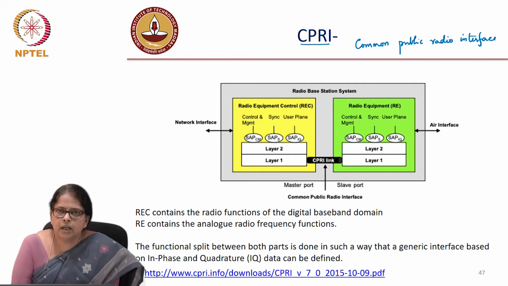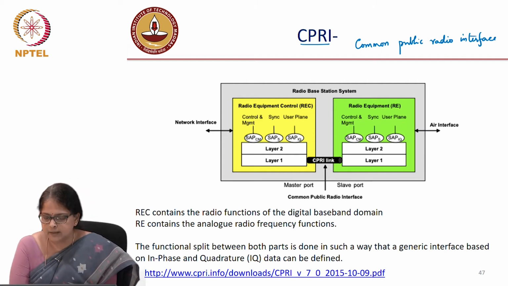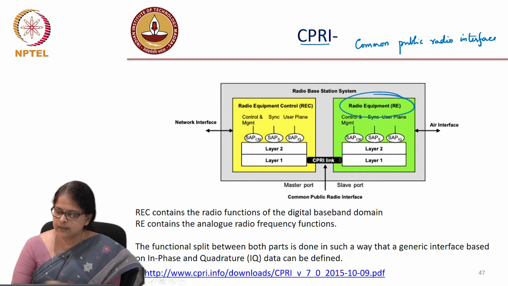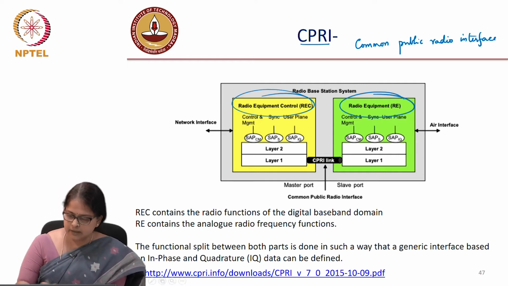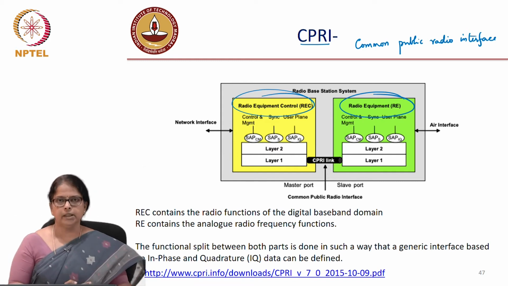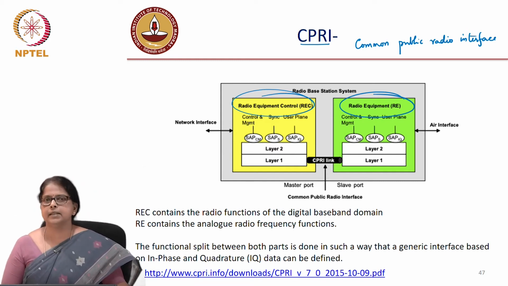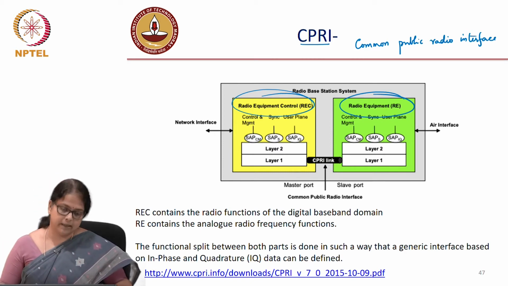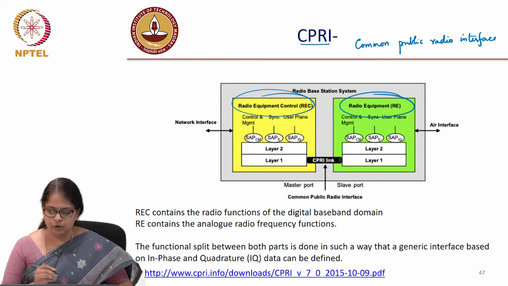So any transmission that happens between the radio equipment and the equipment control, which is like the remote radio head and the baseband unit, is carried out through the encapsulation decided by this standard.